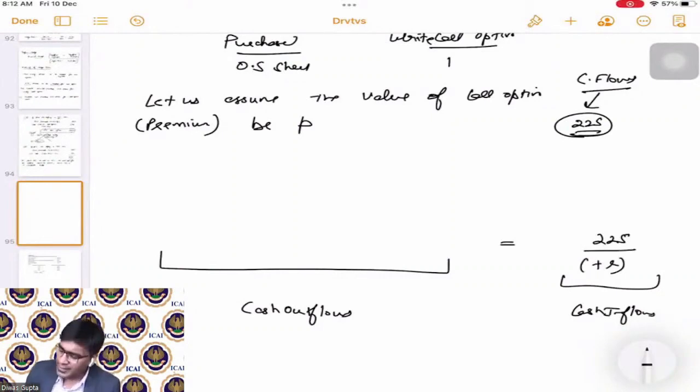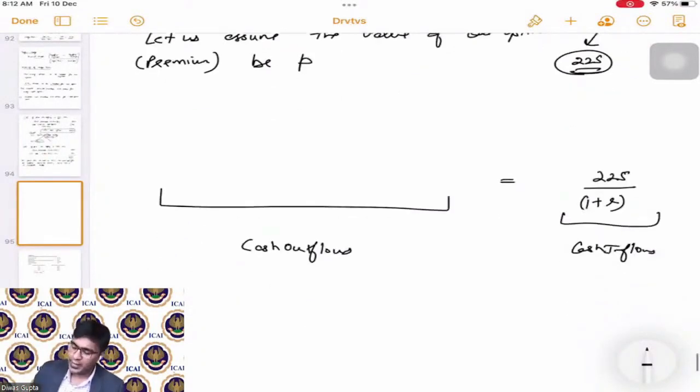To make it the present value, 1 plus R, because 225 is on expiry, and this cash outflow is happening today. So first of all, what is the cash outflow? 500 into 0.5. This is the purchase price of 0.5 equity share. And while writing the option, I will receive a premium, minus P. This is our equation. Simple.